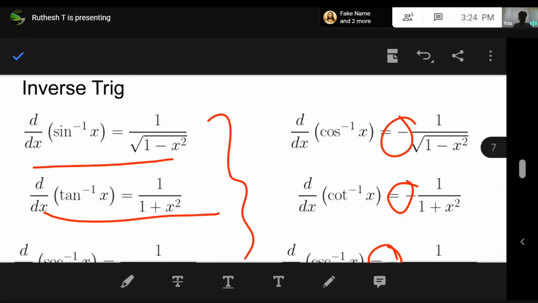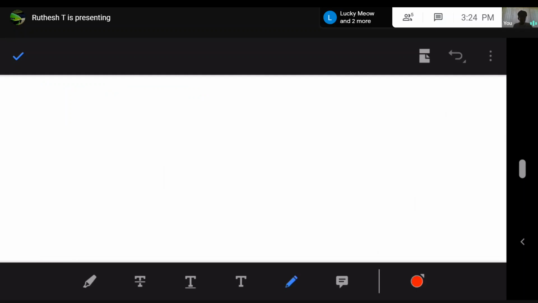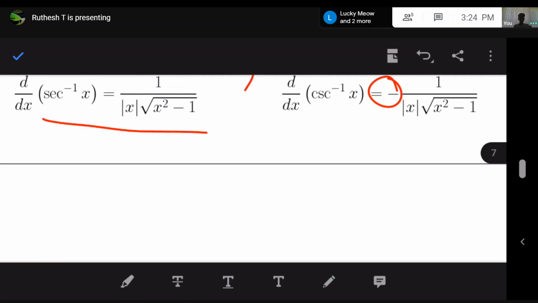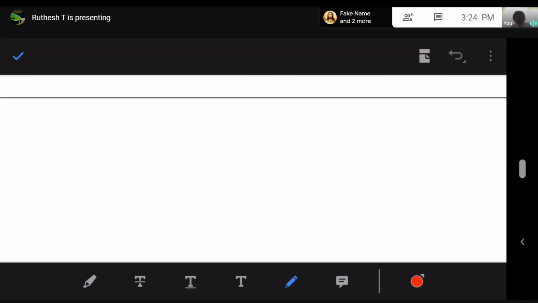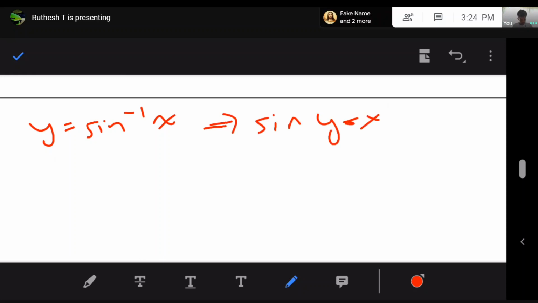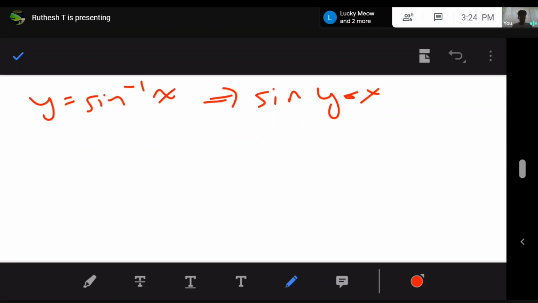So we can prove these as well. So to prove this, we use some implicit differentiation. So let there be an equation y equals sine inverse of x. So by definition, this means that sine y is equal to x. And then we can take the derivative of both sides.